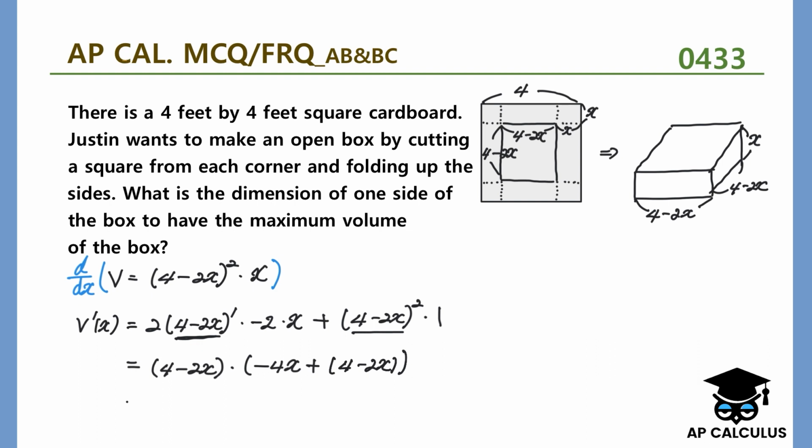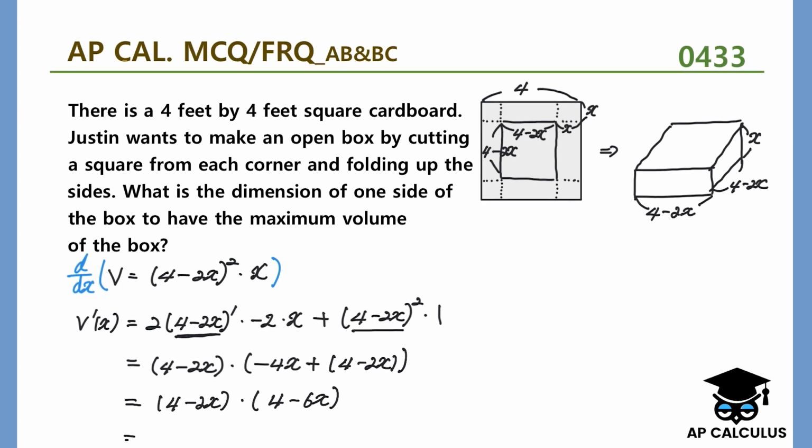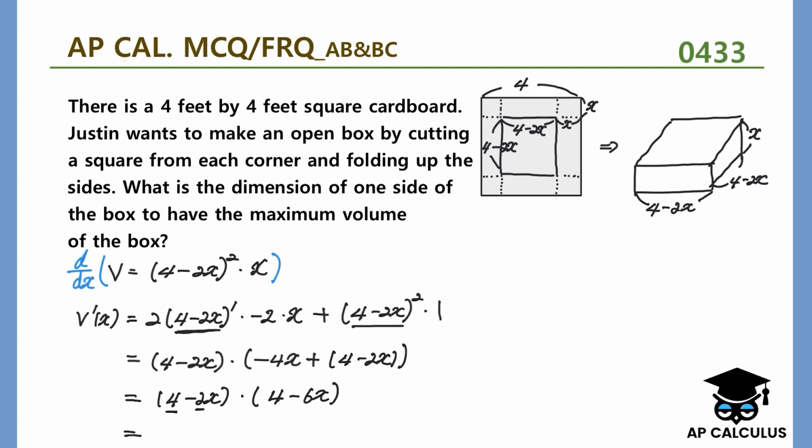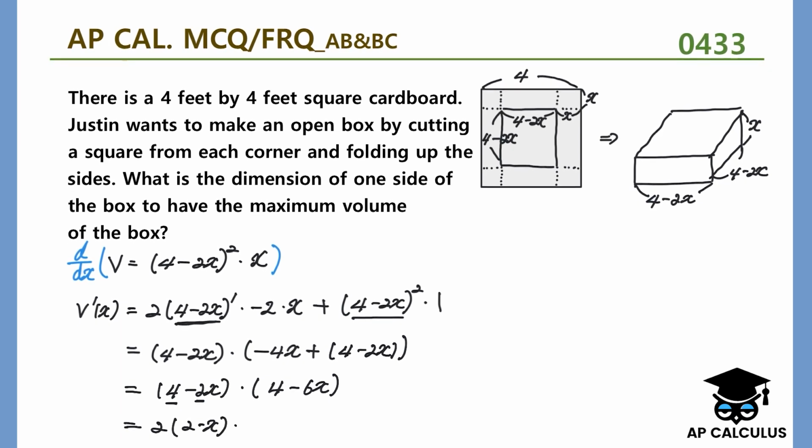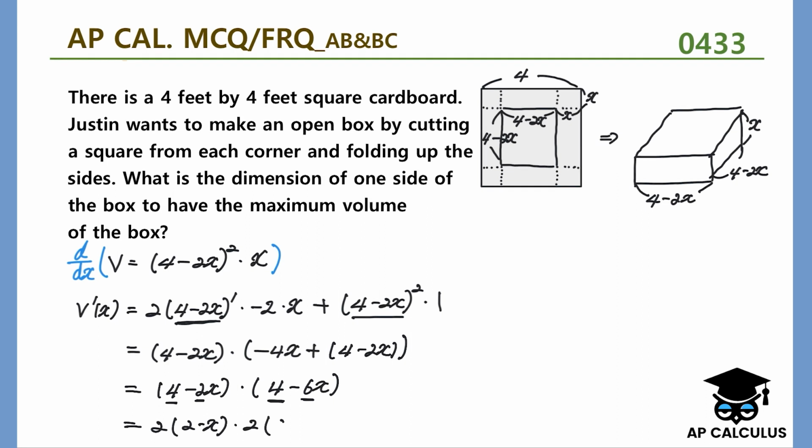So far so good. So that is equal to 4 minus 2x times, that's going to be 4 minus 4x minus 2x. That's negative 6x, but we have a 4. So 4 minus 6x. And let's factor 2 from this expression: 2 times 2 minus x. And factor 2 from this expression: 2 times 2 minus 3x.